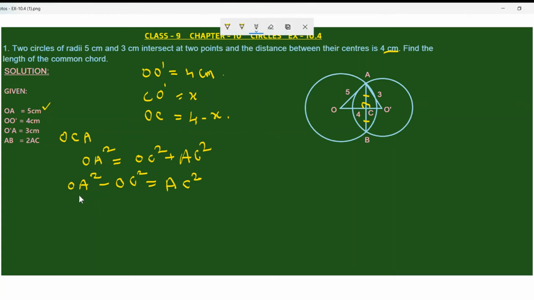So 5 square minus OC, here it is 4 minus x the whole square, because OC is 4 minus x, which is equivalent to AC square.